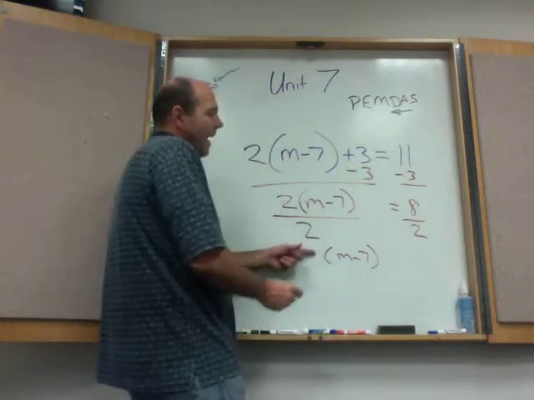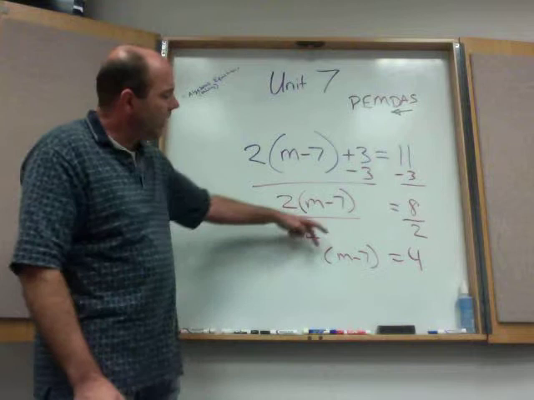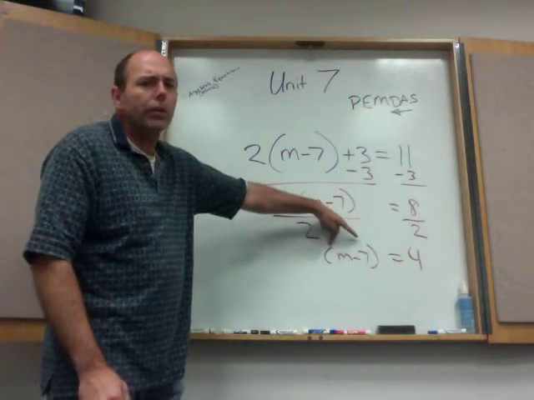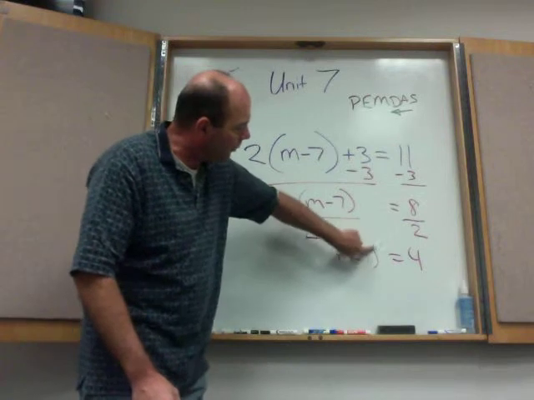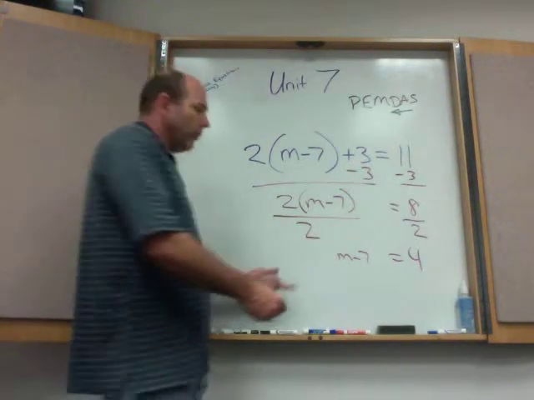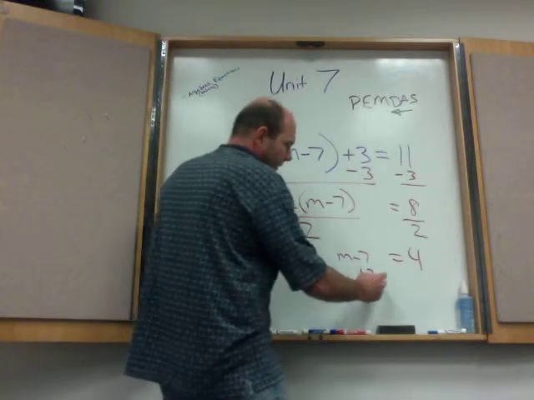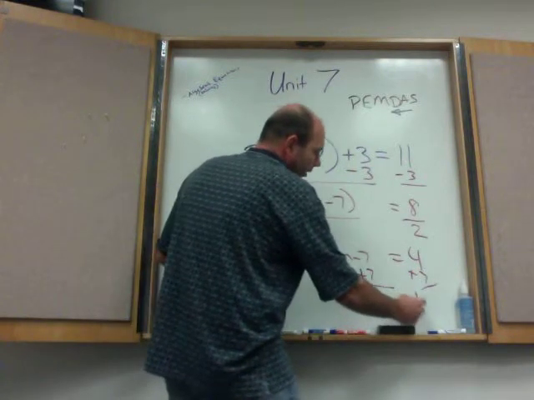So actually, since that's all that's left over here, I've got 4 on the right side of the equation. Since that's all that's left, I no longer need parentheses. So when I rewrite it, I would rewrite it without the parentheses. Opposite of subtract 7, add 7. Plus 7, plus 7, and m equals 11.